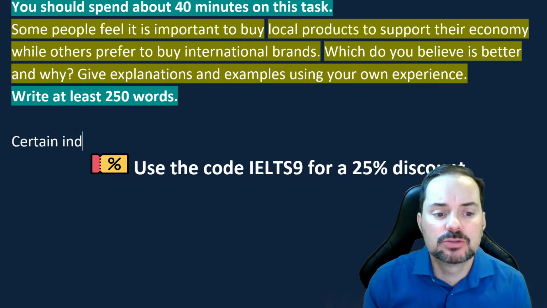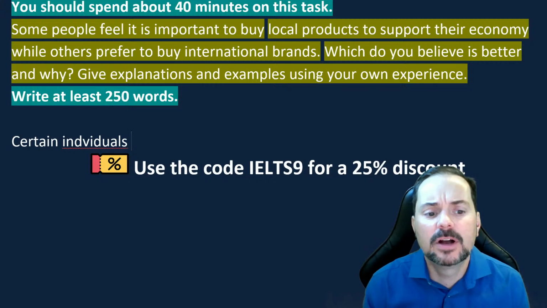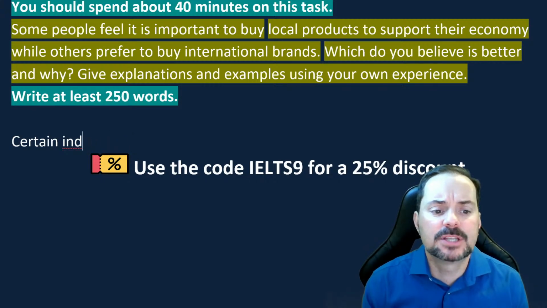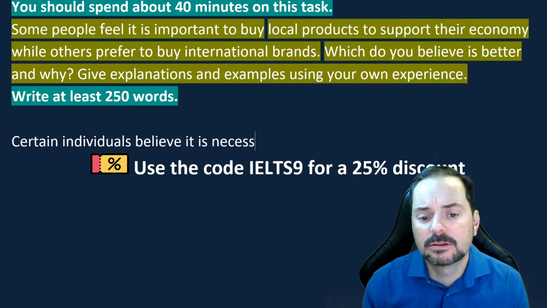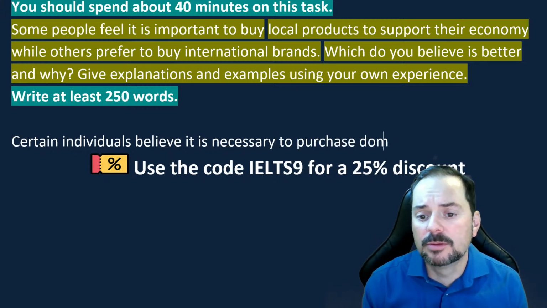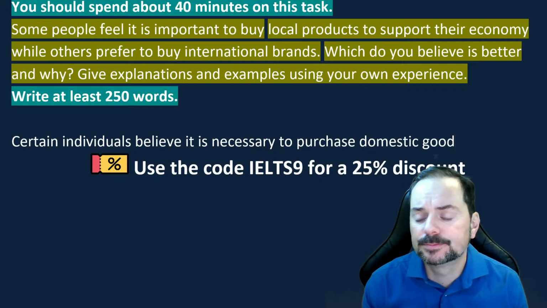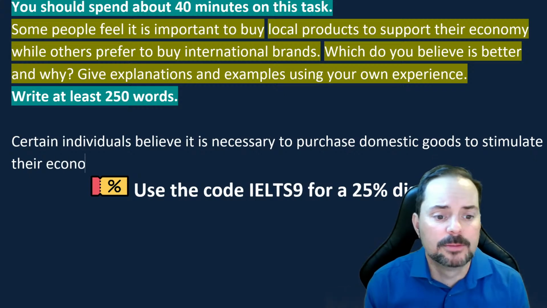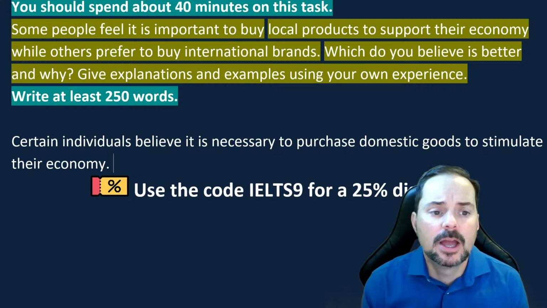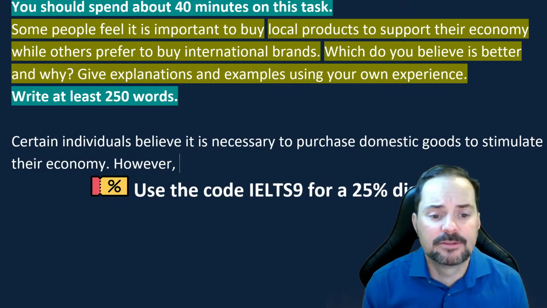So certain individuals, instead of saying some people, I'm saying certain individuals, okay? Feel it is important, believe it is necessary, to buy, to purchase local products, domestic goods, to support, to stimulate their country's economy. I'm going to keep economy the same. Okay. New sentence. A little bit of grammar paraphrasing.